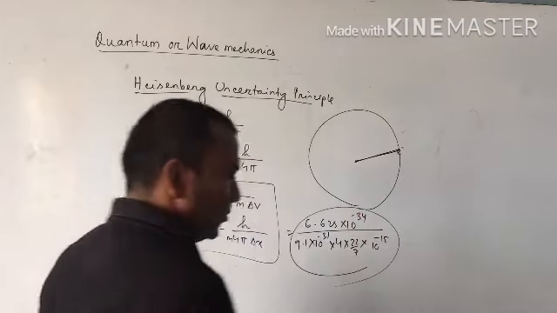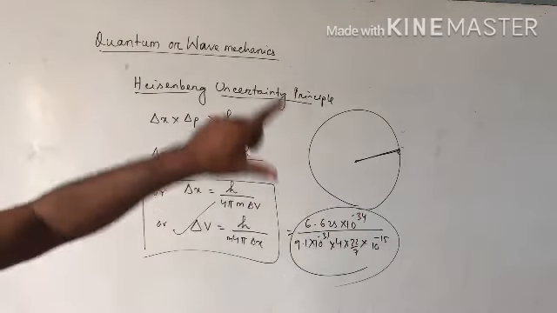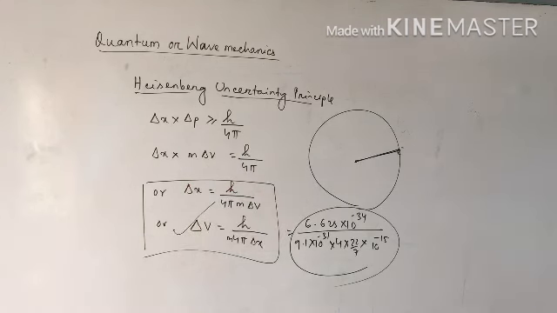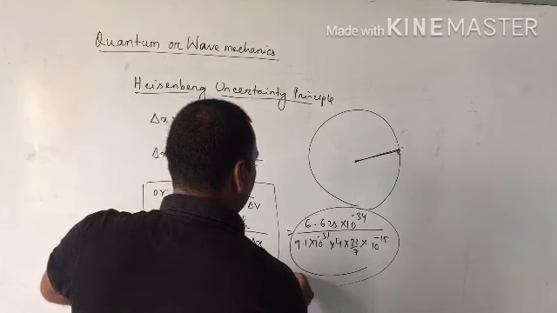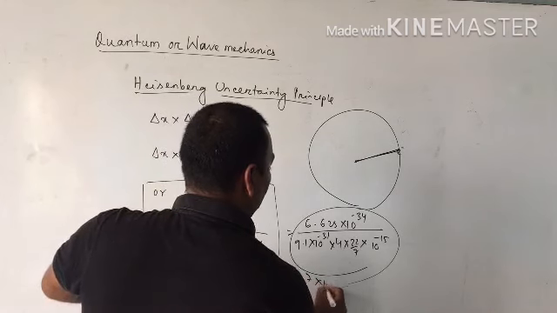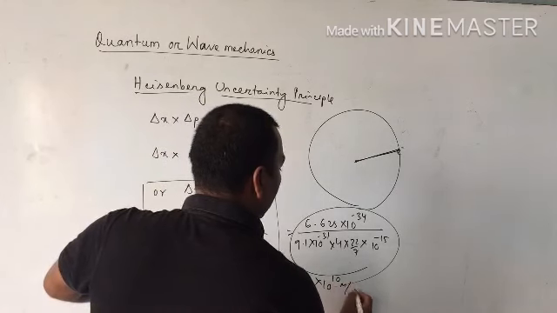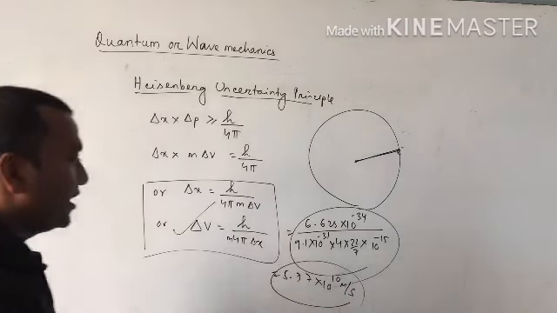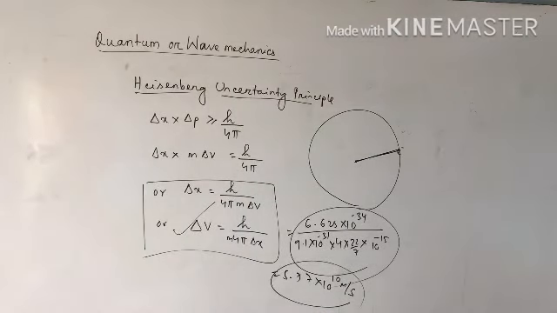If you substitute all these values and do the multiplication and division, we get 5.77 into 10 to the power 10 meter per second.